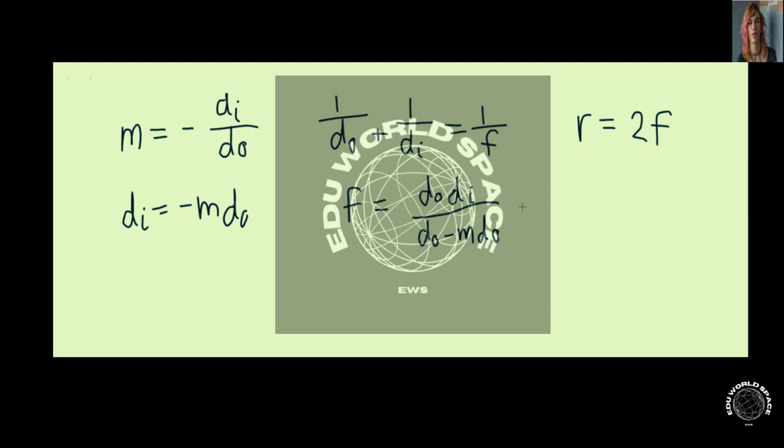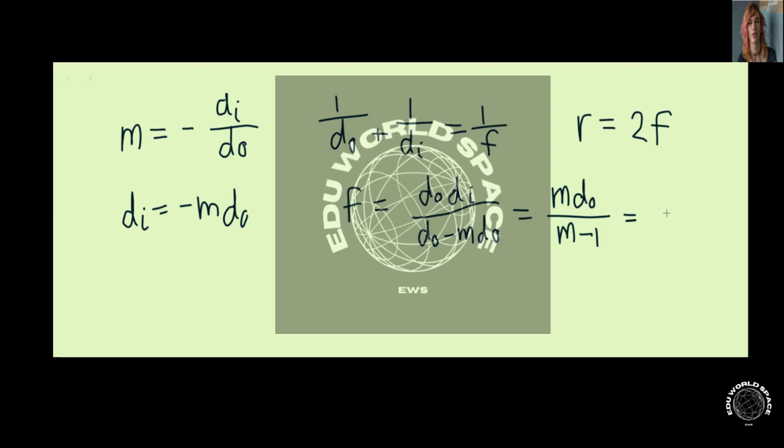We can simplify this a little bit more by combining with the result for magnification, d_i equals negative m d_o. So we can do one more step to get this a little bit simpler: m d_o over m minus 1. We know m and we know d_o, so we can get a numerical result for f.